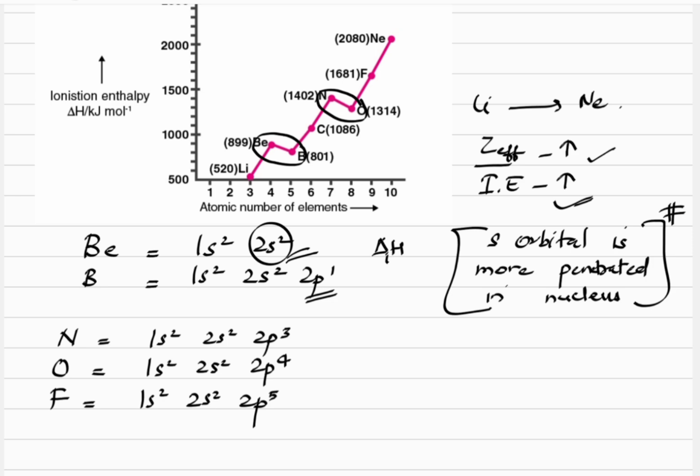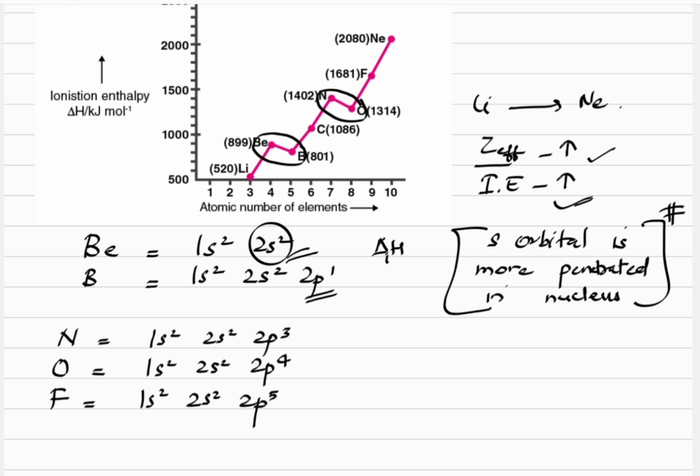Now, what happens is, generally students tend to write this, that in beryllium we have fully filled 2s orbital and therefore it's extra stable. So removing electron from fully filled s orbital is going to be difficult. But that concept is completely wrong.